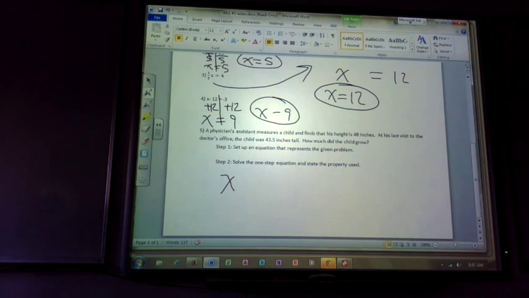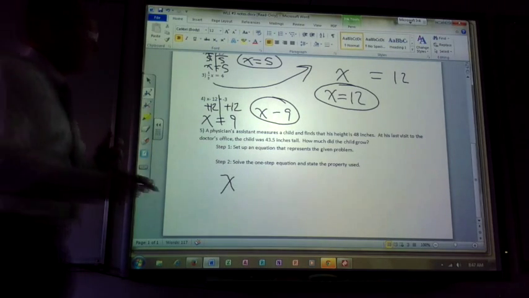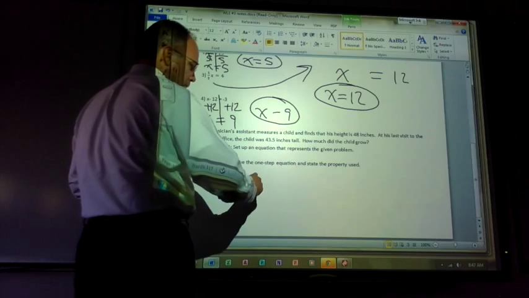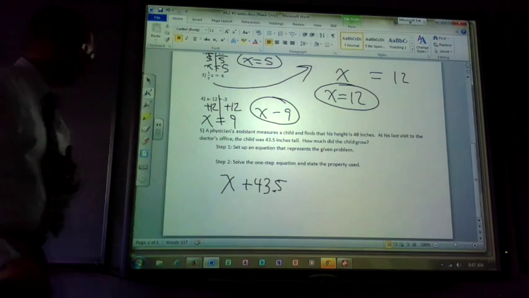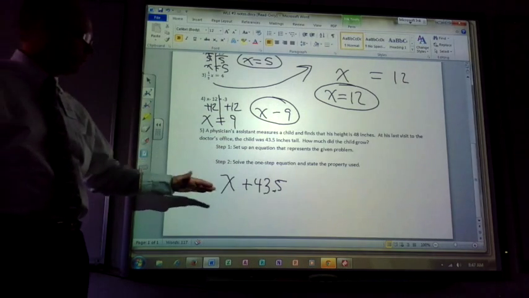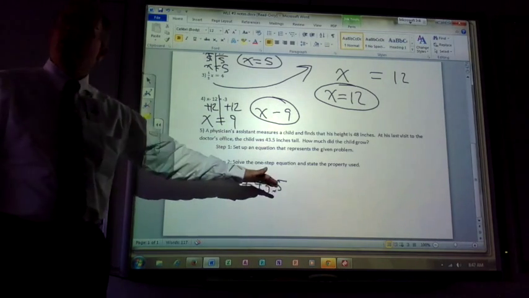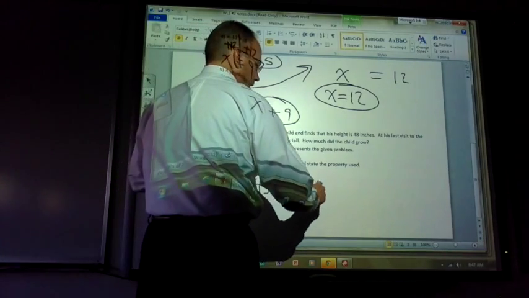So the child had been at a previous visit this tall. Okay? We want to find out how tall this child grows. So x added to the 43.5 what the last visit was, and then we're going to say is equal to 48 inches.